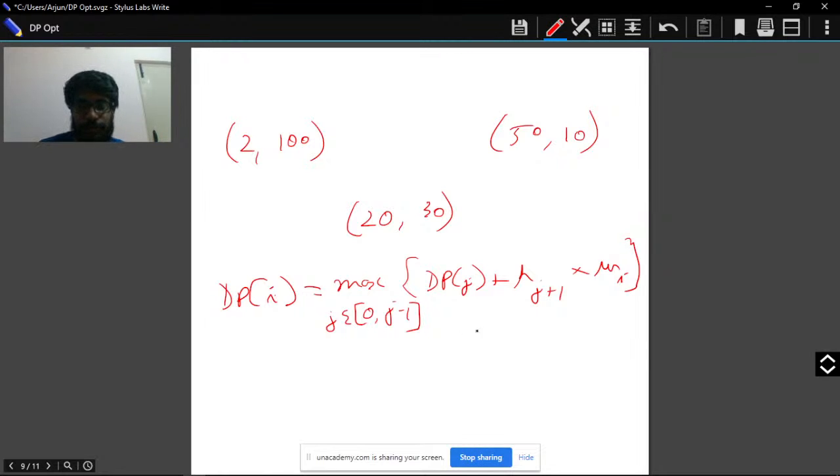So height of the first into width of the last, and DP of everything before it was just DP of J. And this naively leads us to an order n square solution, which is super trivial. Yeah, it's just directly implementing this without any worries.